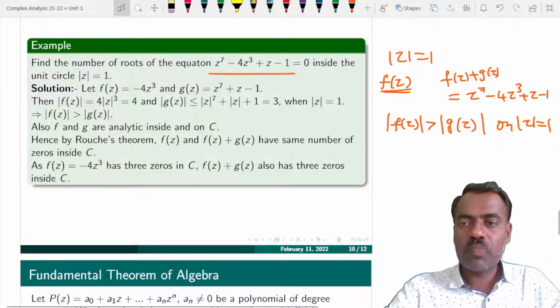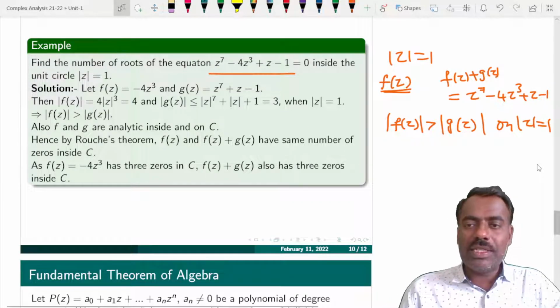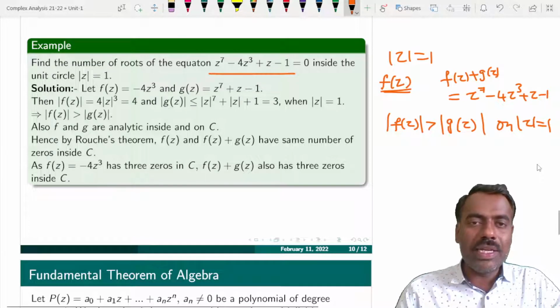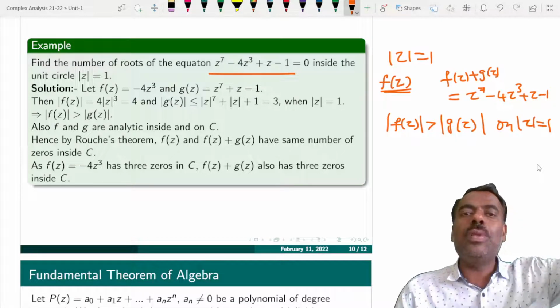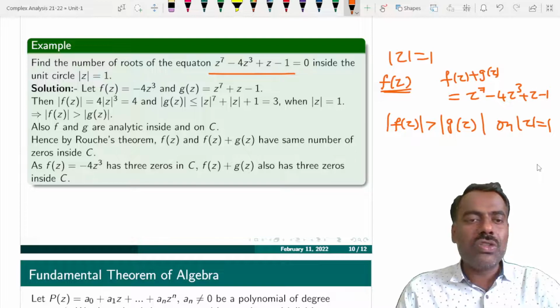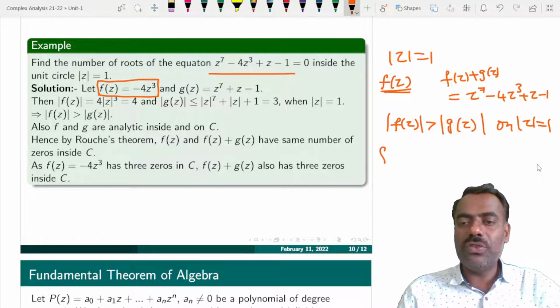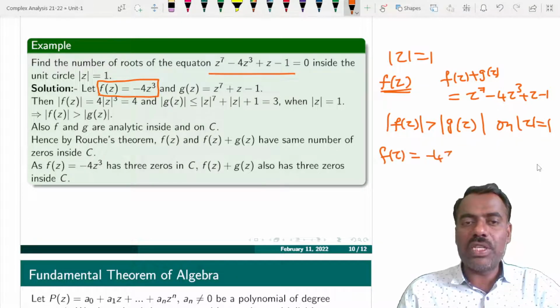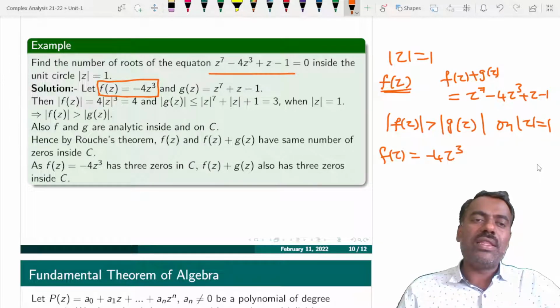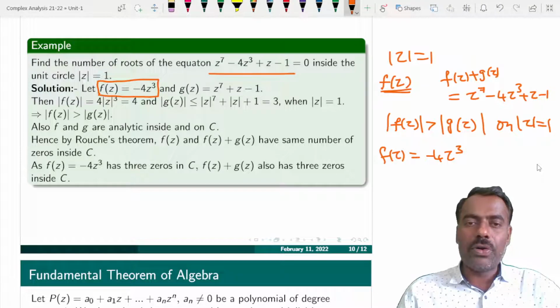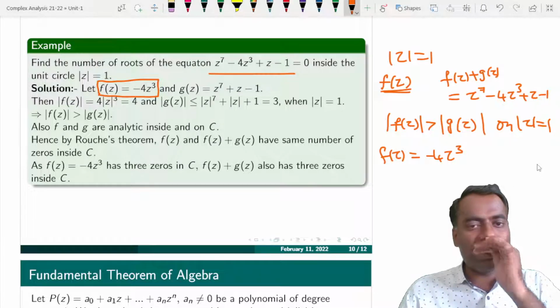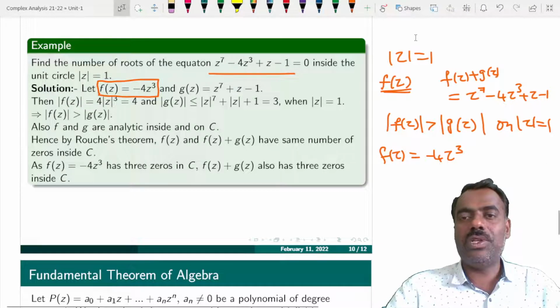This is not so difficult. One can easily check which one dominates on mod z equal to 1. Simply take F of z as minus 4z cube. Then mod F of z is always 4, and mod G of z is always less than or equal to 3 because mod z is 1.